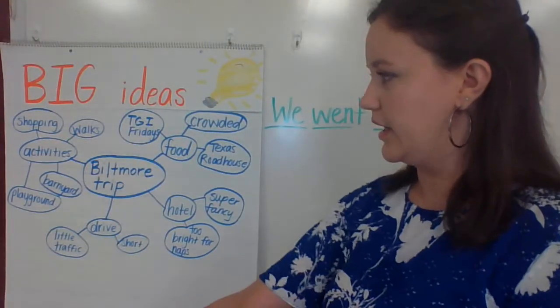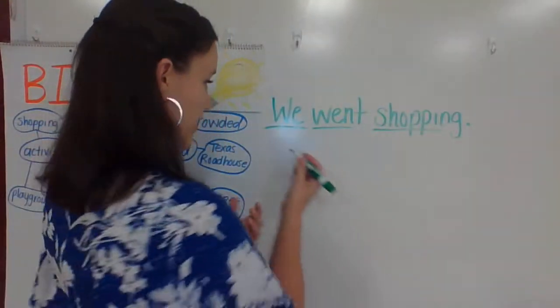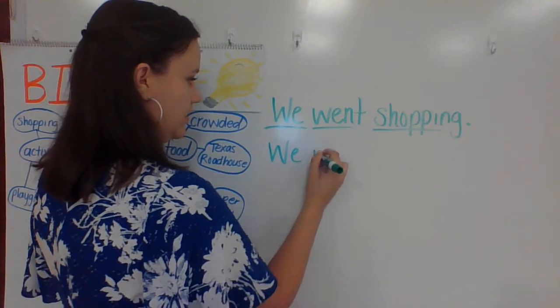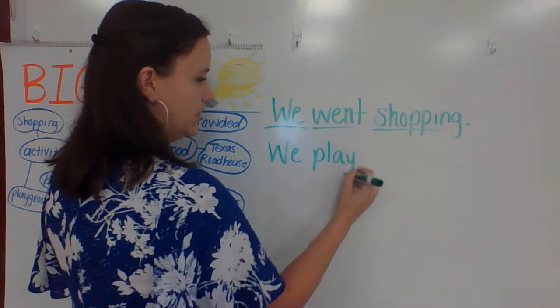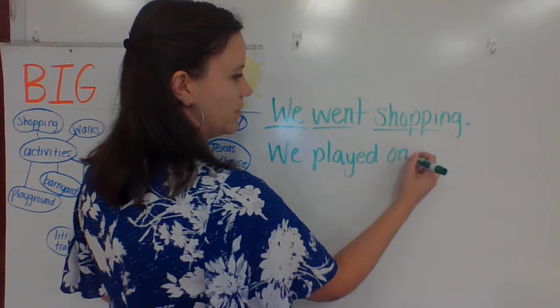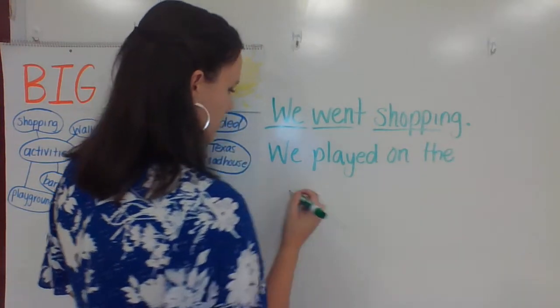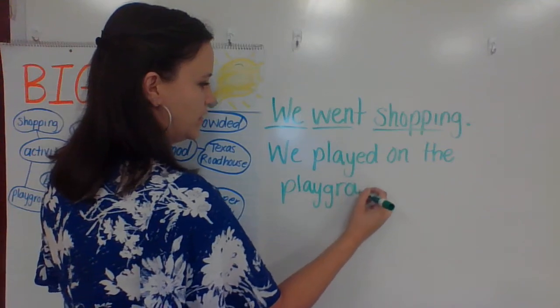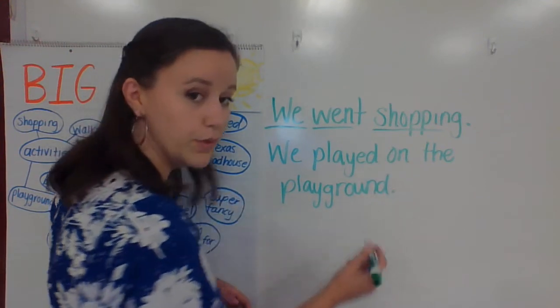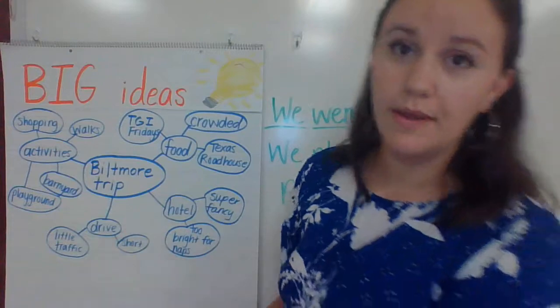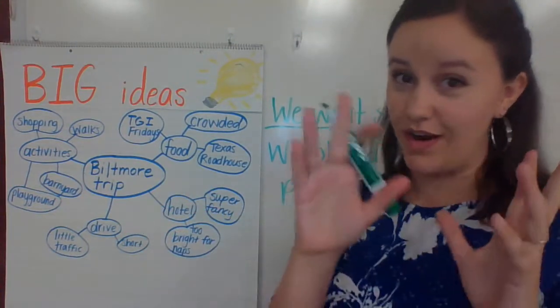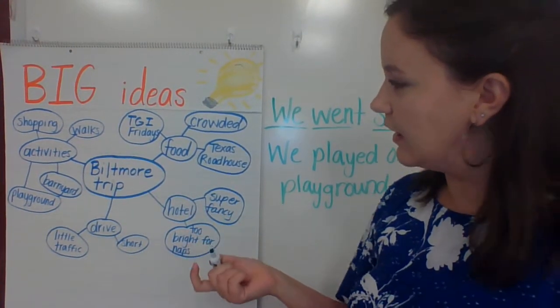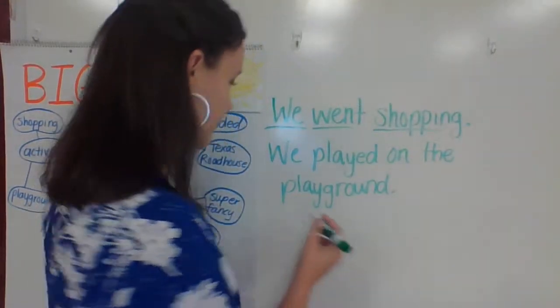So we went shopping, played on the playground. We played on the playground. Who did? We did. What did we do? We played on the playground. That's where we played. We went on a walk.